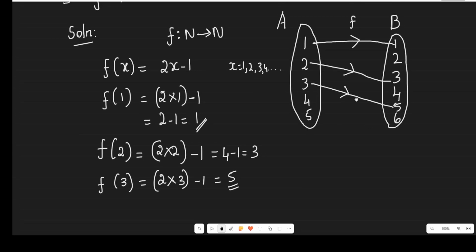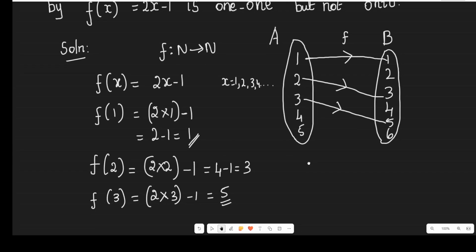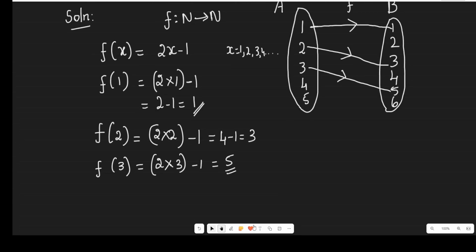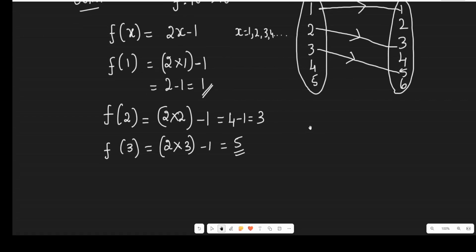So I think this is enough. Why? Because whatever values we are applying for x, we'll be getting a particular answer. Okay, no problem, we can find out 4 and 5 also.